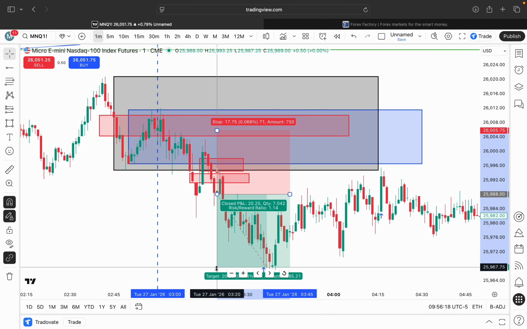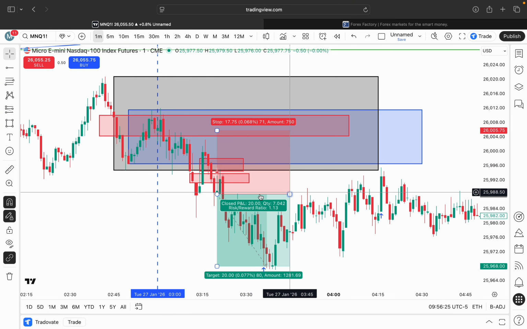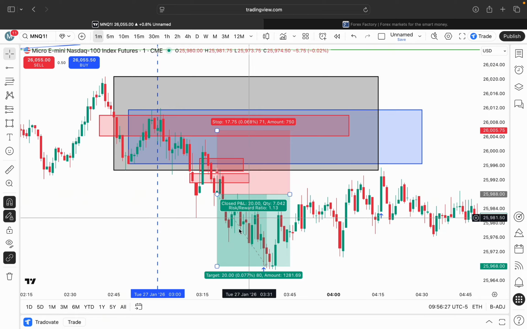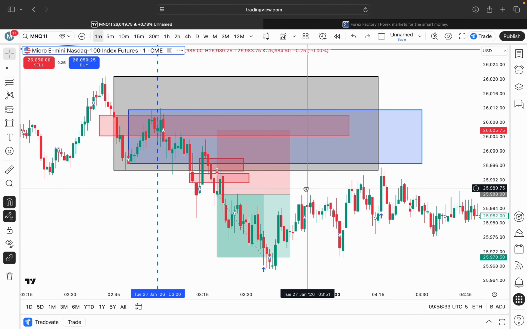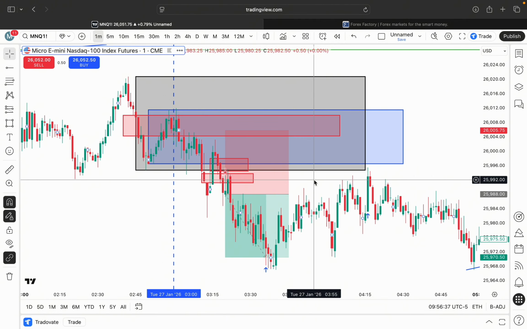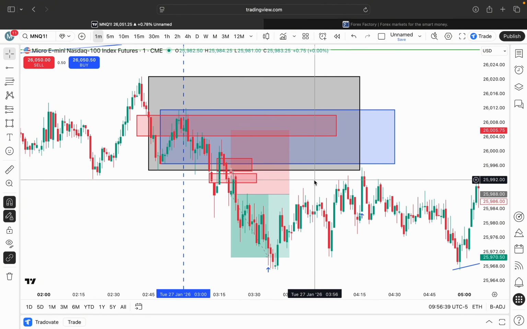So as you can see, this was a 1.13, and I got in a little bit further down the line, so it was about a 0.99. So it was almost a 1-to-1, and that is why I do margins, because when you take market orders, you can't get filled at the exact price you're willing to buy or sell at.